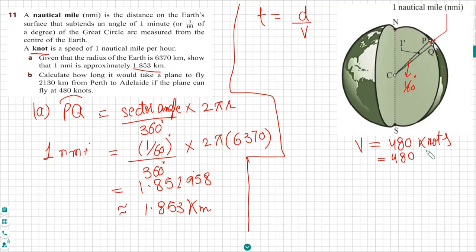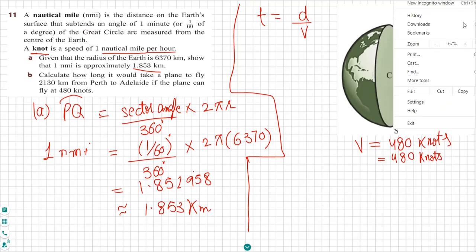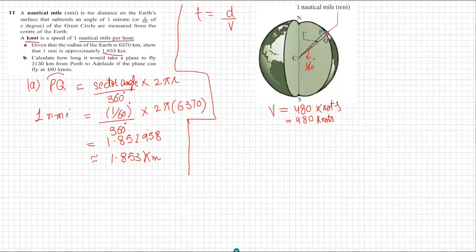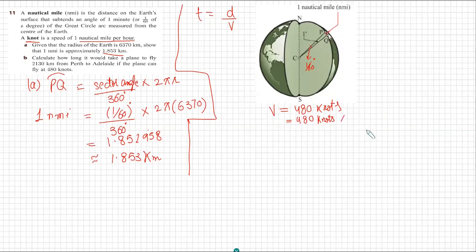So first of all, converting knots into kilometers per hour, I'm writing knot and multiplying with the factors. 1 knot equals 1 nautical mile per hour.